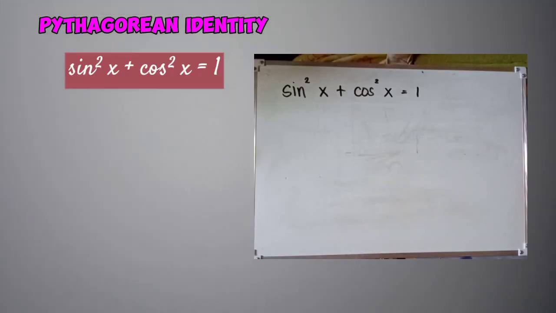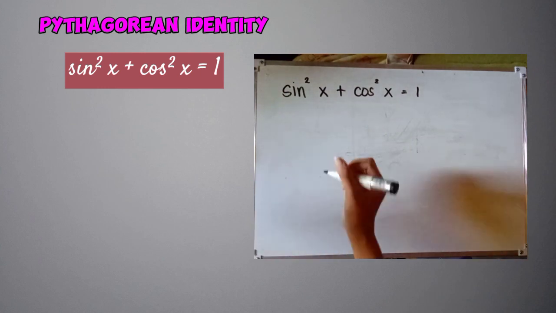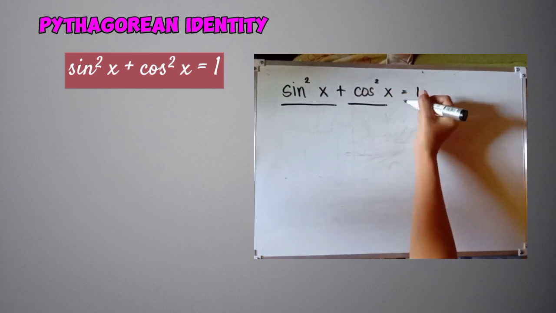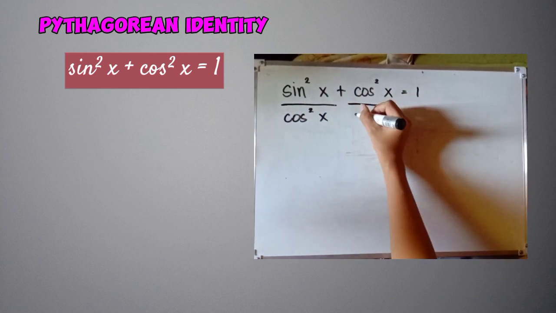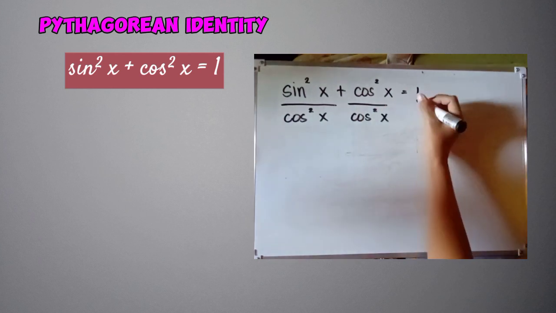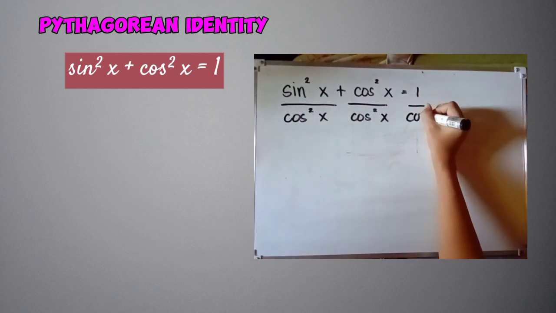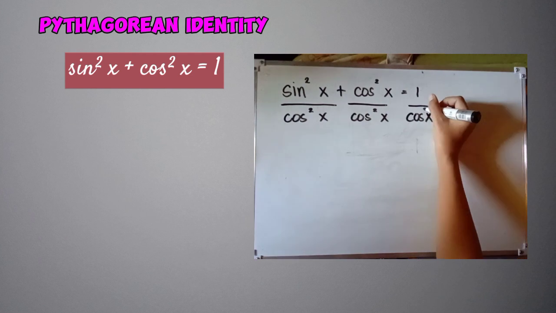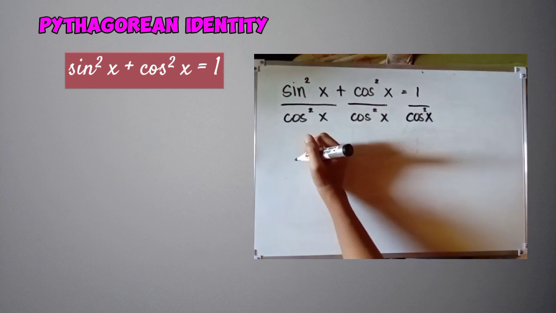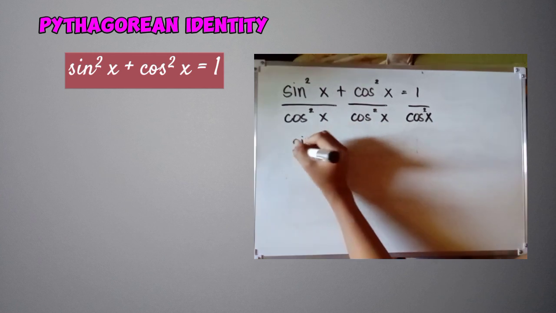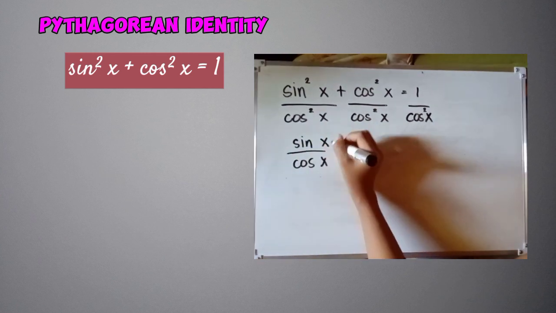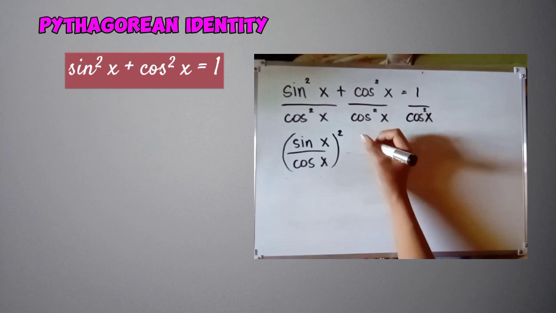Since we already derived the first Pythagorean identity, we can derive the other two Pythagorean identities. The first thing you do is divide both sides by cosine squared x, and then we get the square of sine x over cosine x plus 1 is equal to the square of 1 over cosine x.